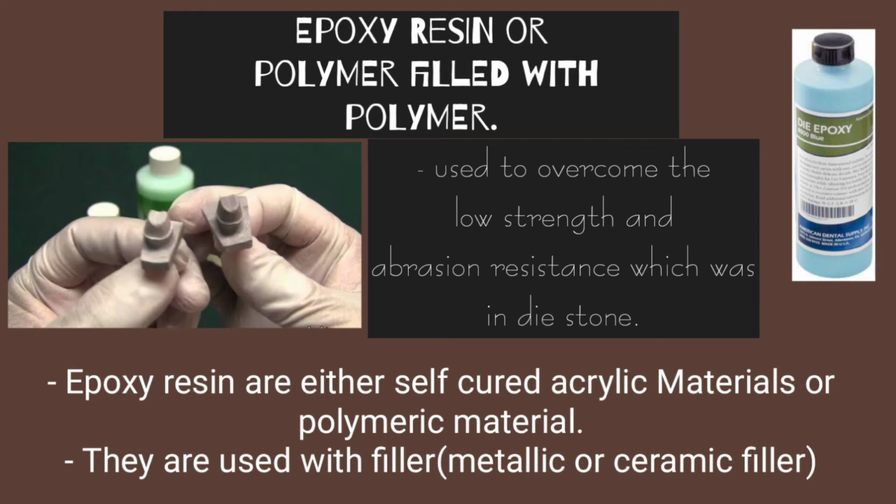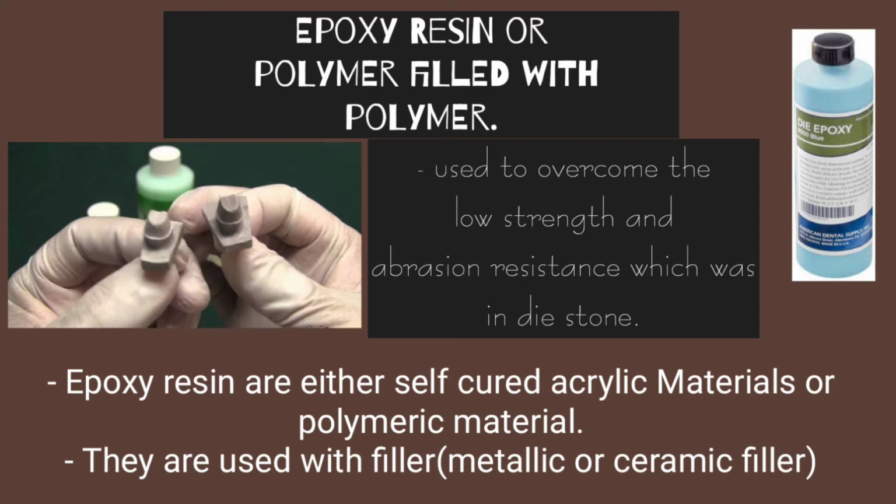They are used with filler, and these fillers are either metallic or ceramic. So this is all about the epoxy resin we are using as a die material. In this picture we can see the dies which are made from the epoxy resin.